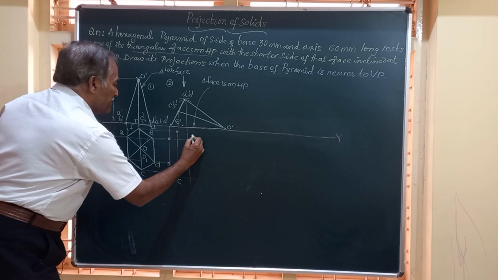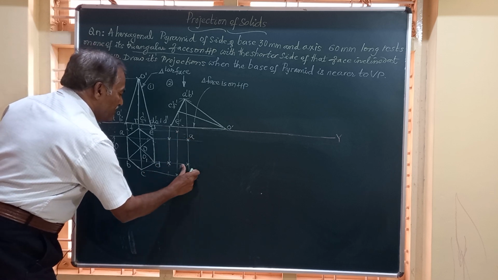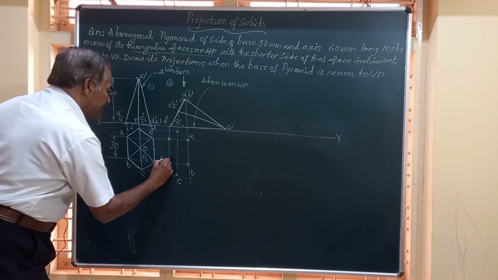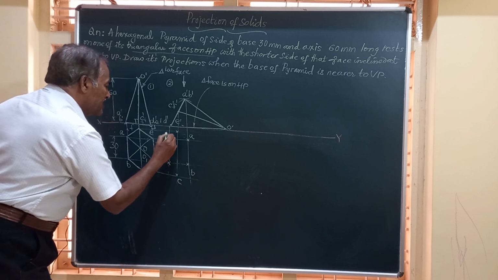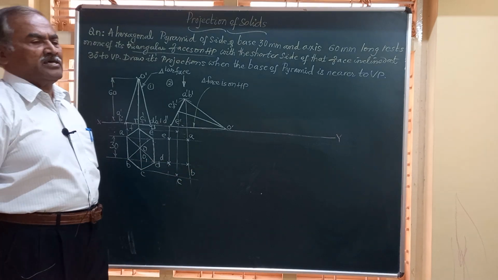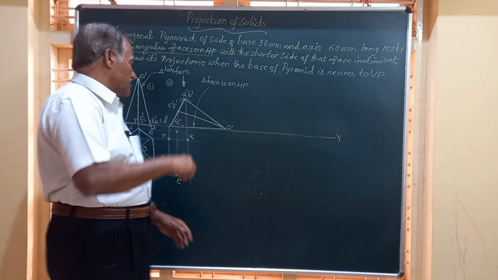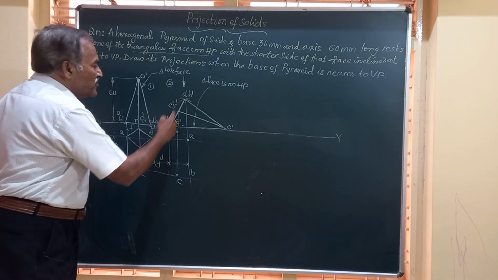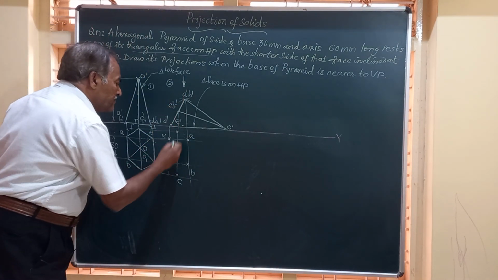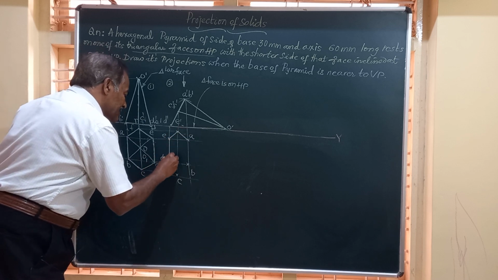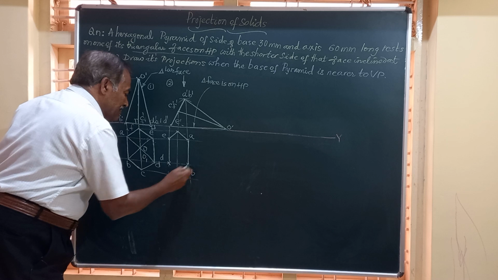This point is A. This is B. This is C. Point D and point E. So A, B, C, D, E represent the 6 corners of the pyramid in the top view. I told you this complete base is visible. Hence I am going to show all this by visible or dark lines.